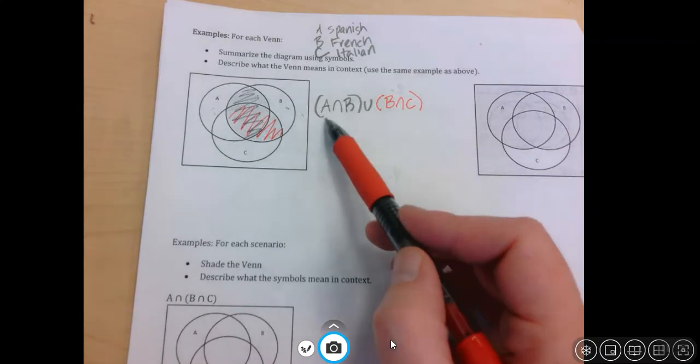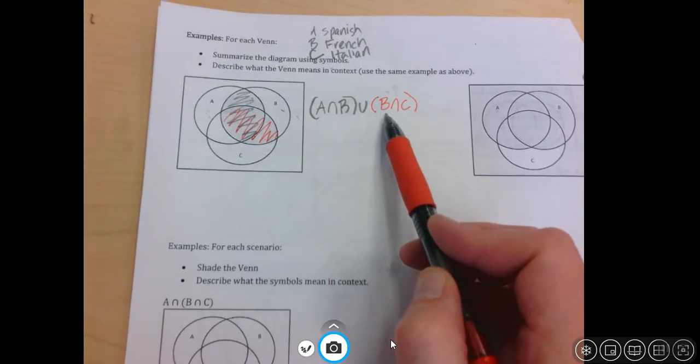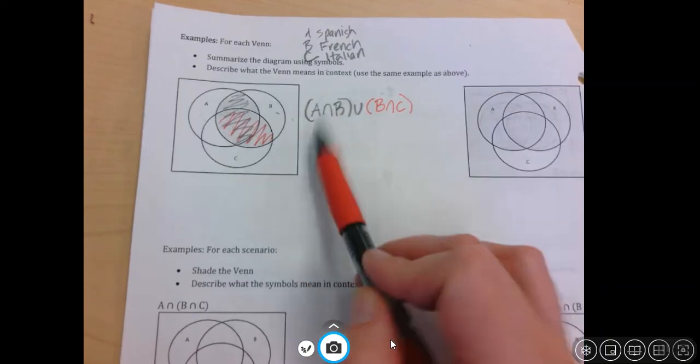Okay, so either you speak French and Spanish, or you speak French and Italian. You can speak all 3, but then you would still be included in these subsets.